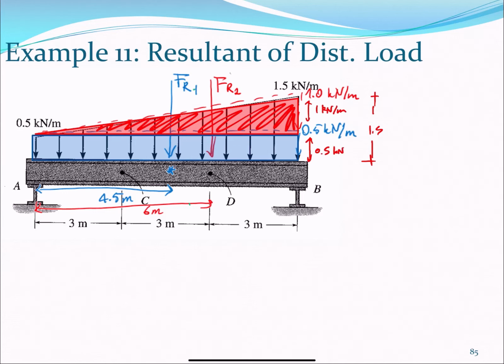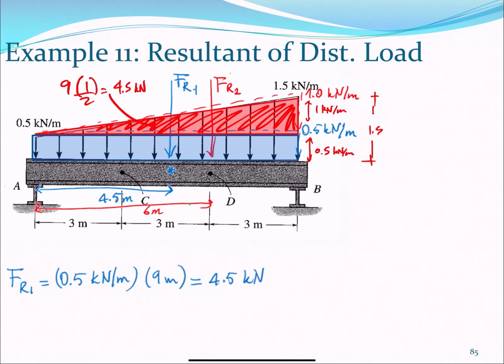So the area of that triangle is base, 9 meters, times the height, 1 kilonewton per meter, divided by 2. This is 4.5 kilonewtons on the triangle.